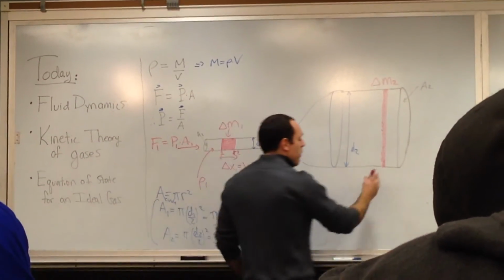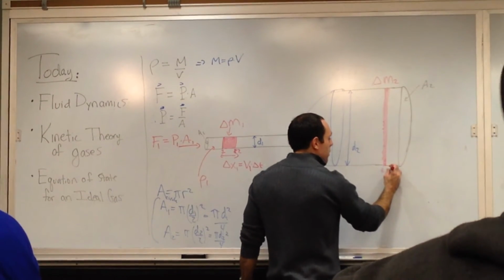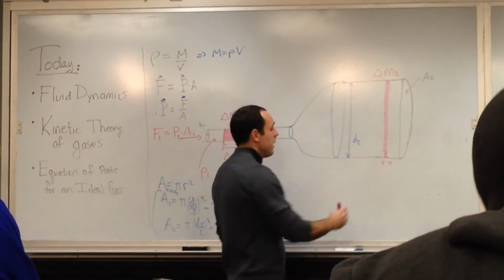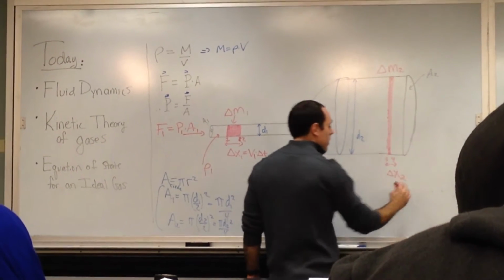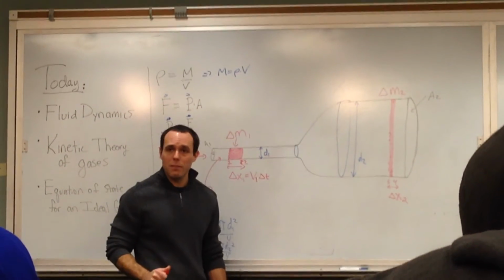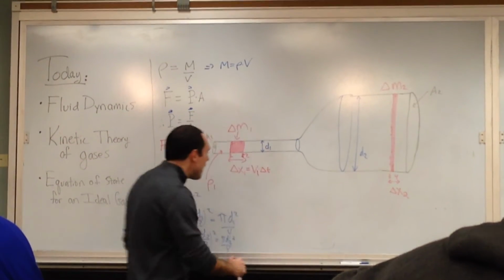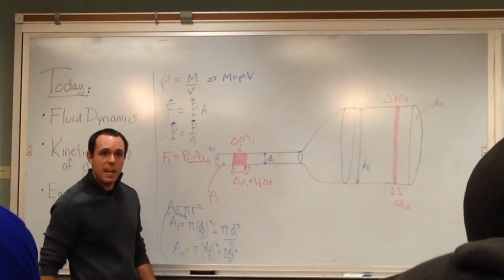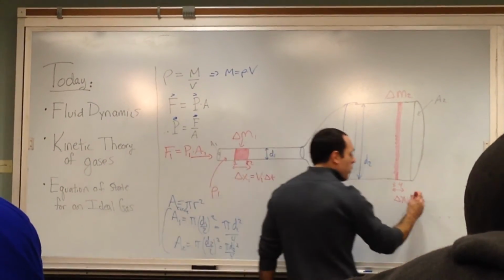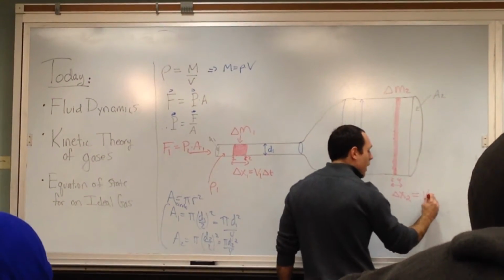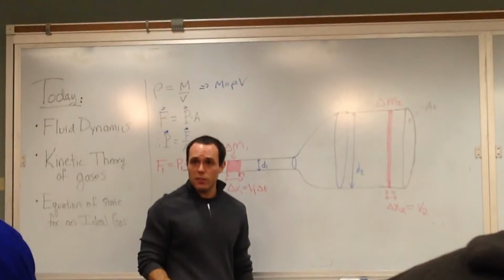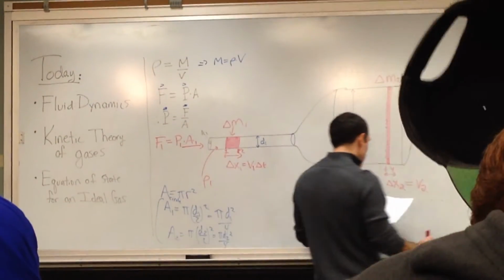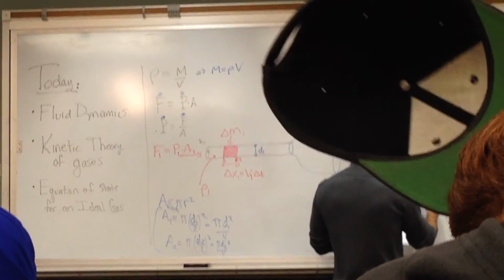Well, that means that if I consider this to be, say, position 3 and position 4, and thus this is a small distance element, let me call that delta x2, that just by the same generic ideas of mechanics, delta x2 has to be equal to the velocity that it's moving in this region, let me just call this velocity v2, multiplied by a change in time.